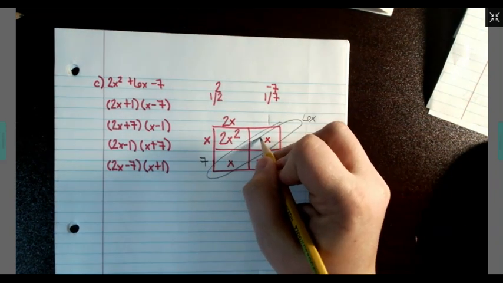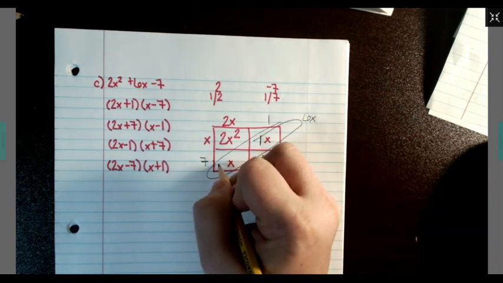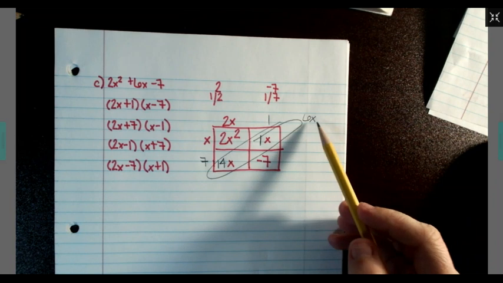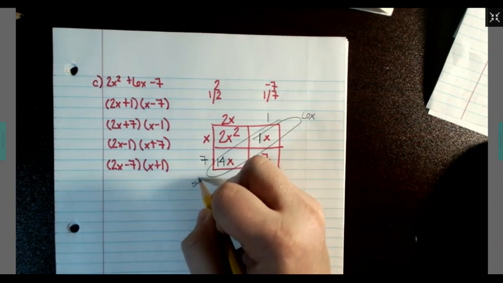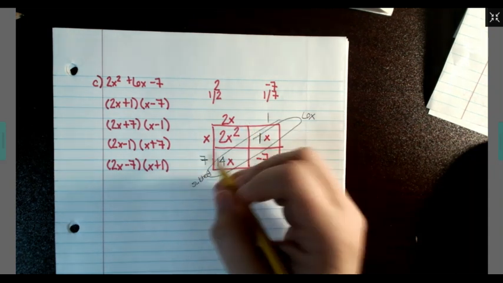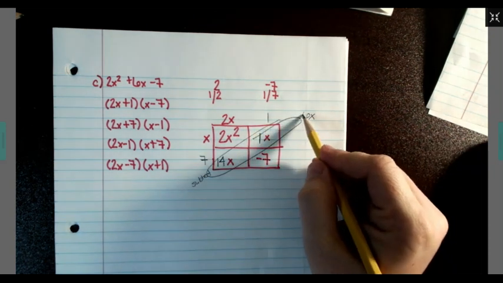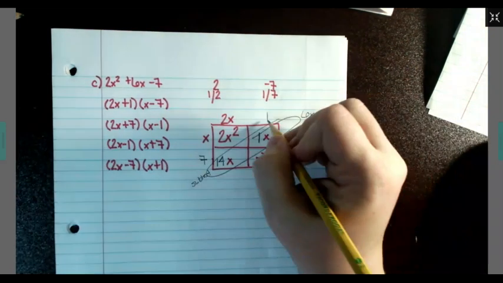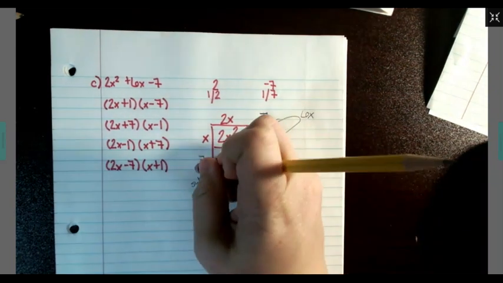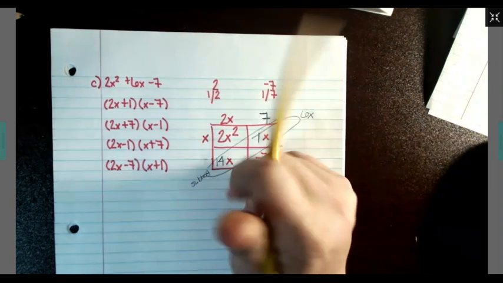We have 1 and we have 14. No matter how I subtract this, whether this is positive, negative, or the other way around, I'm not going to get 6 here. So let's try vice versa. Let's try the 7 here and the 1 here.